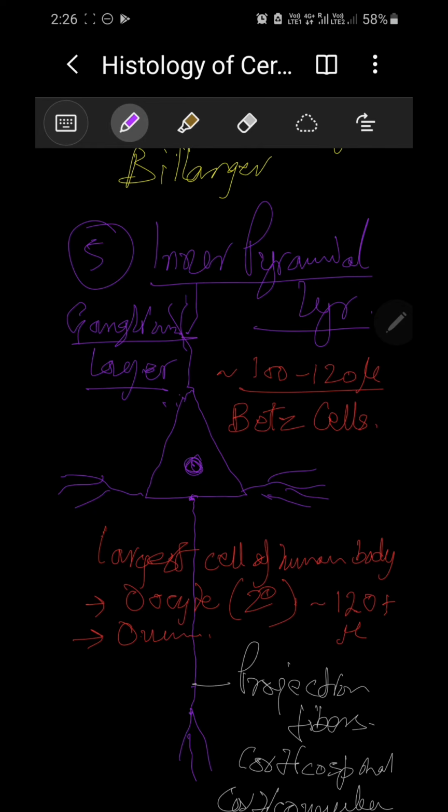Let me tell you that whatever layered structure you are asked about in histology, like in the cerebrum, cerebellum, retina, the numbering is always from outside to inside, or from periphery to deep. In the retina, the ninth layer was the nerve fiber layer, but the eighth one was the ganglionic cell layer.